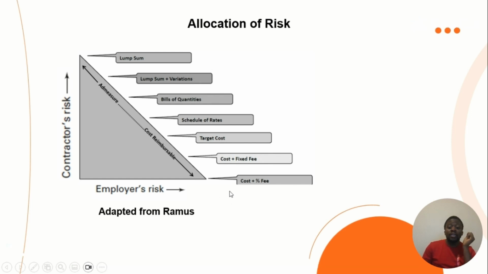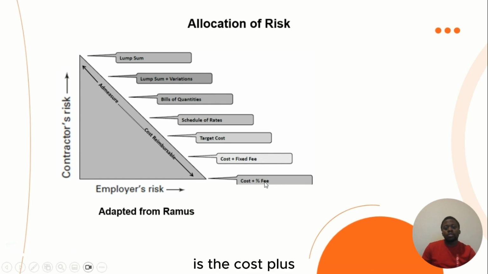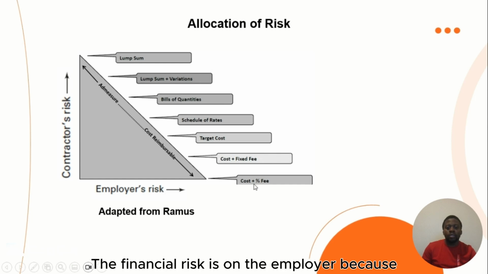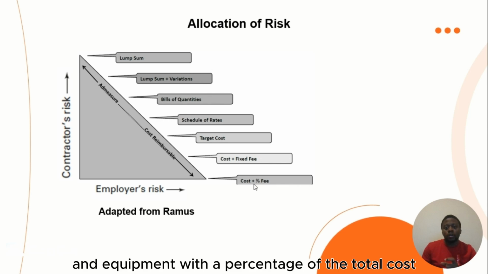And the one that has the least risk on the contractor is the cost plus percentage fee. Here, the contractor doesn't bear any financial risk. The financial risk is on the employer because the project is based on the total cost of materials, labor, and equipment with a percentage of the total cost of the construction.